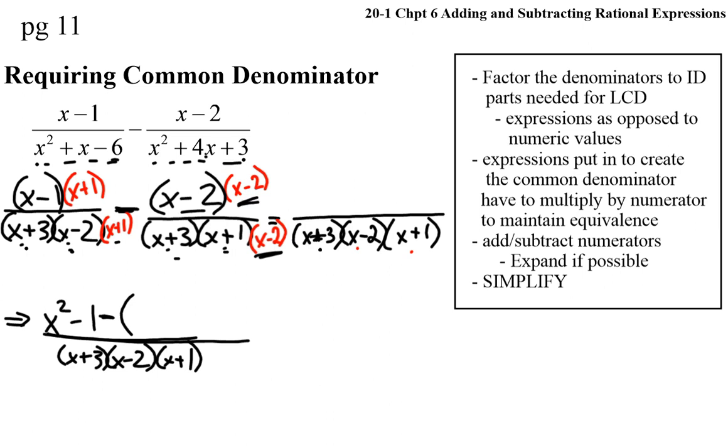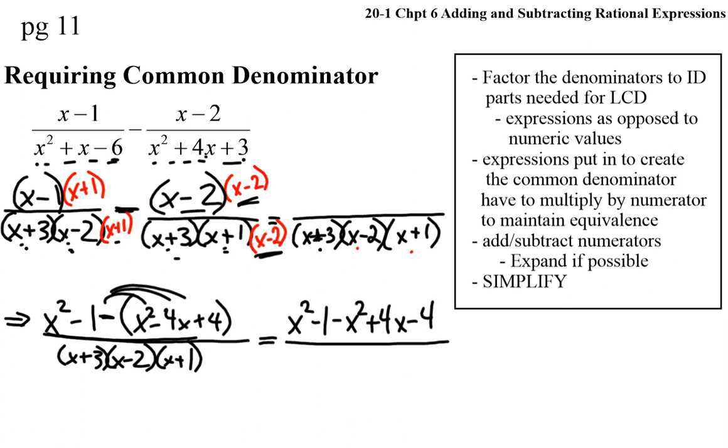Do the FOIL steps, x squared minus 4x plus 4. Distribute the negative. Now I need to simplify my numerator. X squared minus 1 minus x squared plus 4x minus 4 because the negative got distributed. And that's over x plus 3 times x minus 2 times x plus 1.